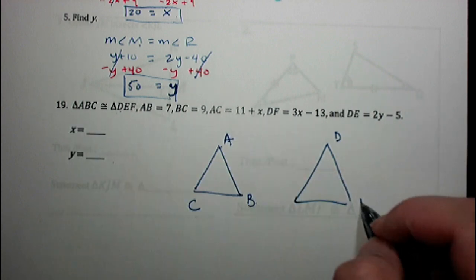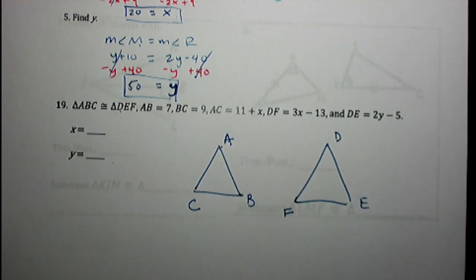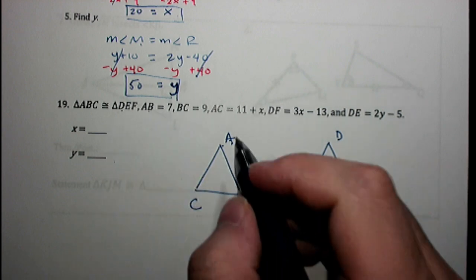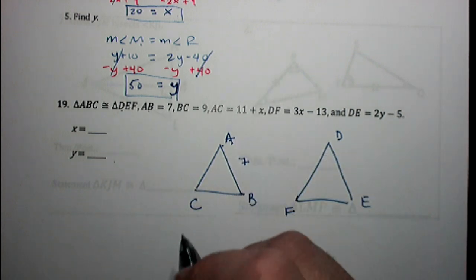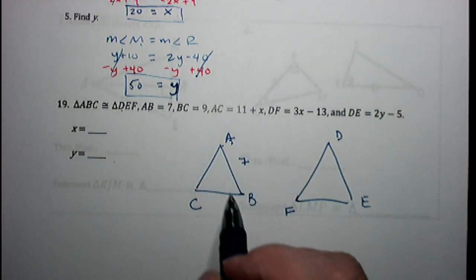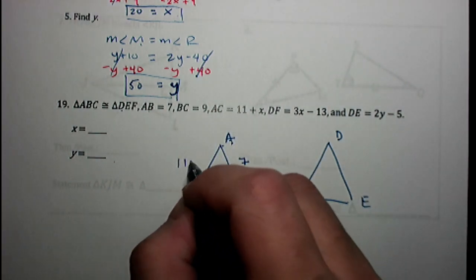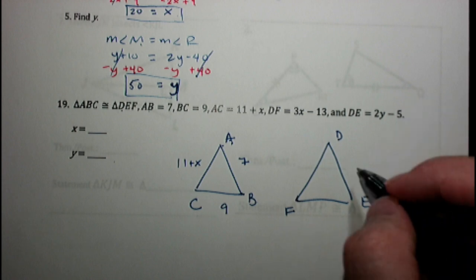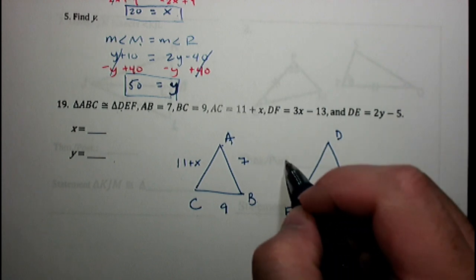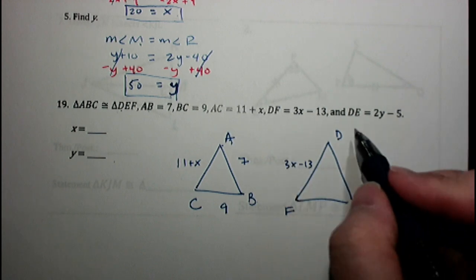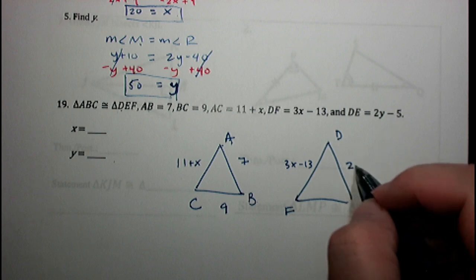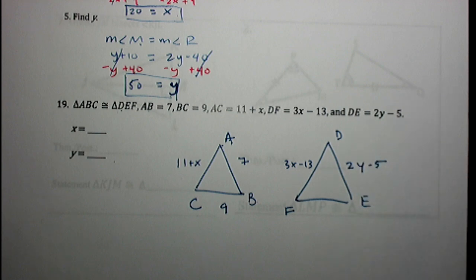And then it's going to be E here, F there. So we have AB, which is 7. BC, which is 9. AC is 11 plus x. DF, which is right here, 3x minus 13. And DE is 2y minus 5.